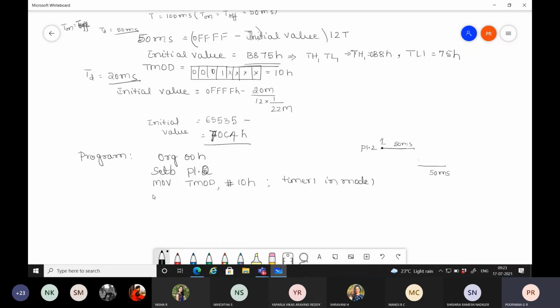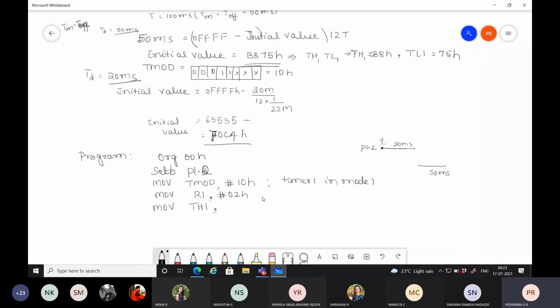And how many times does this 50 milliseconds have to be repeated in the waveform? That is twice. So let me define one register for how many times this 50 milliseconds needs to be repeated, so that it acts as a counter. Next, move TH1 with what value?